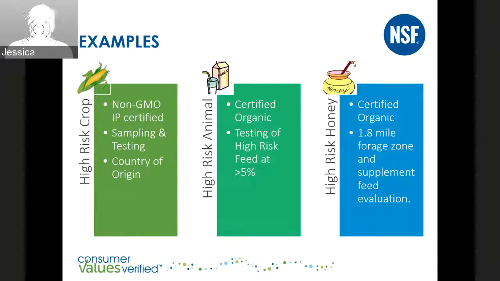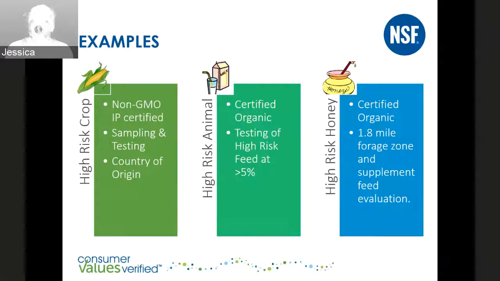This is where Annex B comes into play. You would have to make sure that the milk complies with Annex B, where we would look at the feed ration and assess any feed greater than 5% that's high risk. So the cow may be grazing on Bermuda grass.